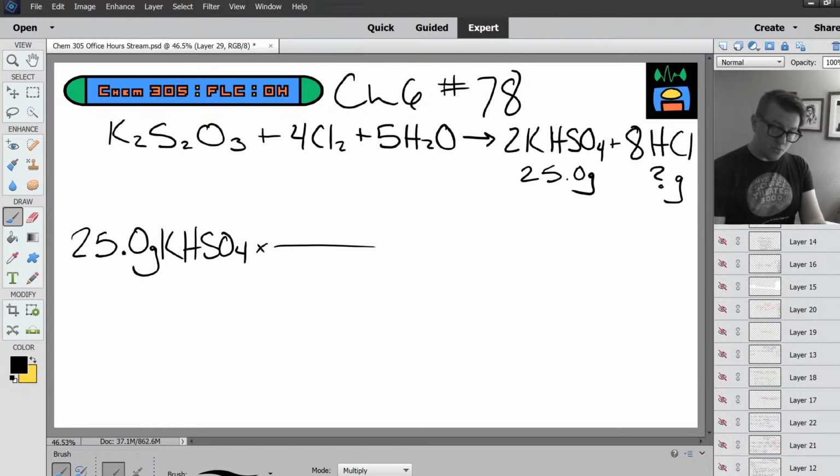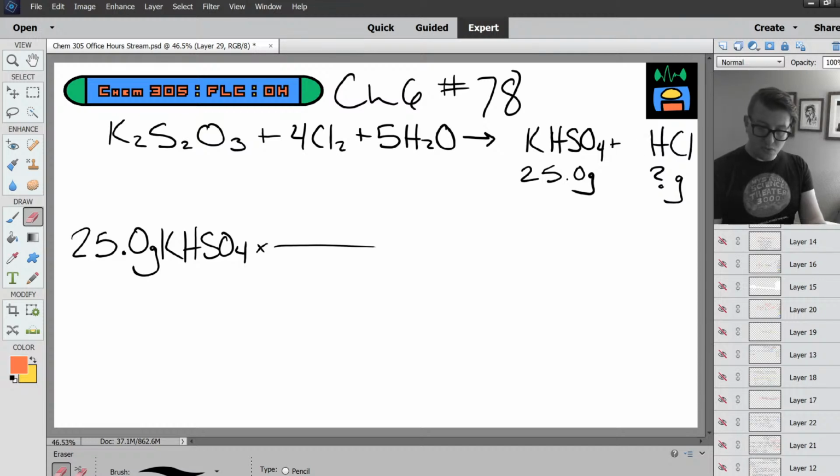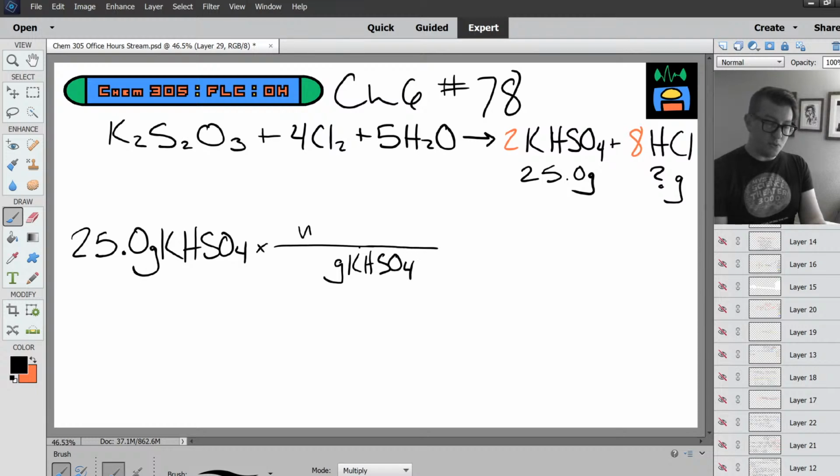We actually know what our molar ratio is here. If you look at it, it's a 2 to 8 molar ratio. But to use that, we first have to convert grams to moles. Grams of potassium bisulfate to moles.